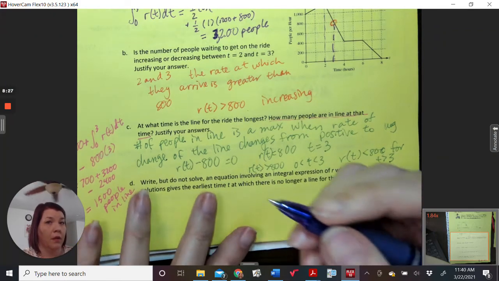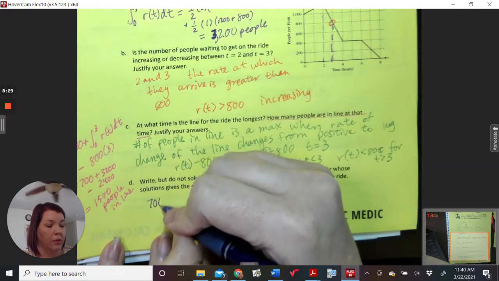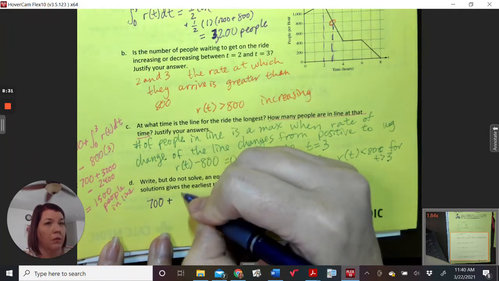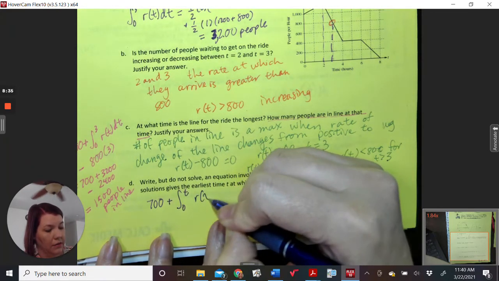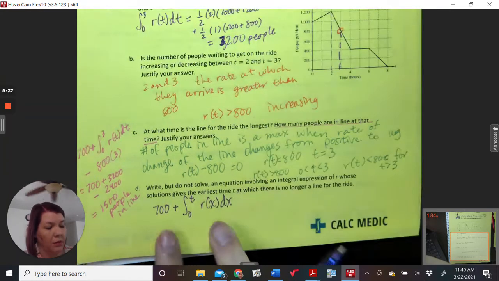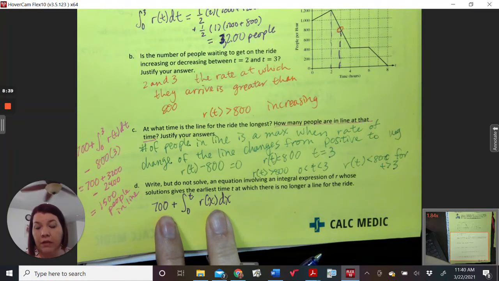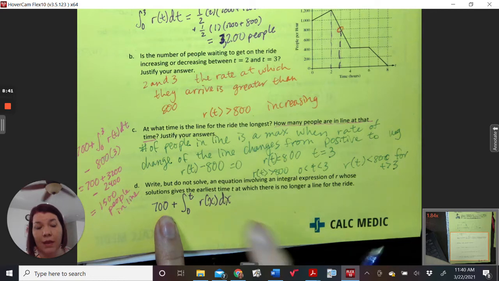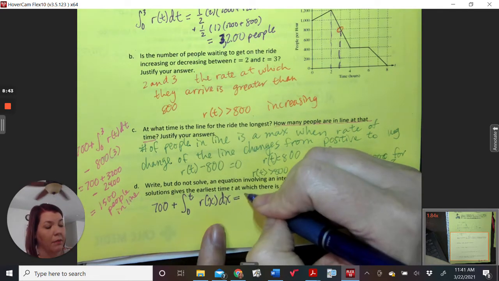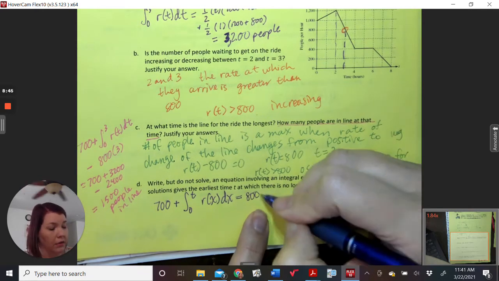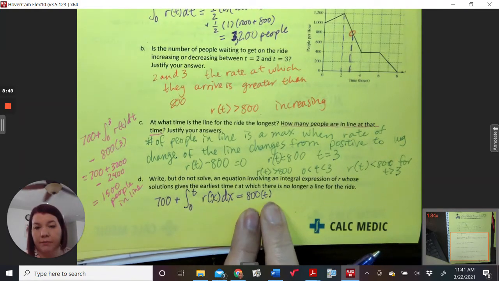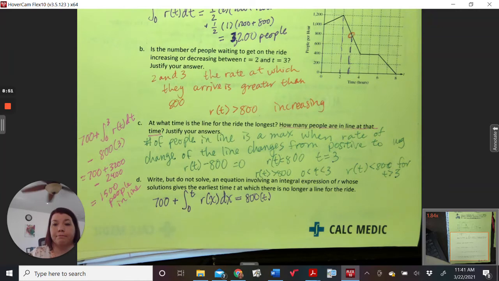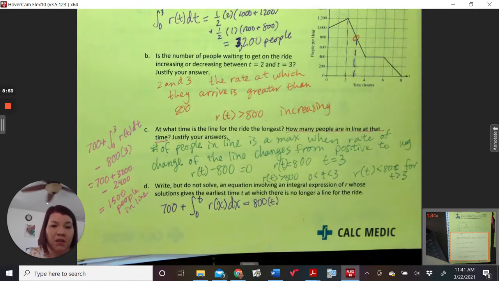Okay, so 700 is the number of people in line, plus the integral from 0 to some time t of R of x dx, because that's how many people are arriving to be in that line. And when there's no longer a line, that means the number of people who've gotten on has to be equal to 800 times the time that has passed. So there's my equation. I'm done. That's it.